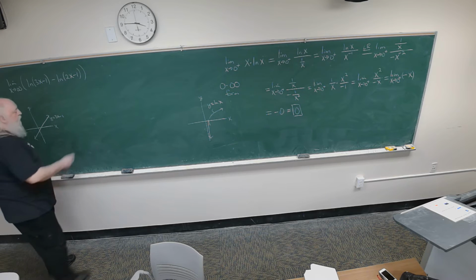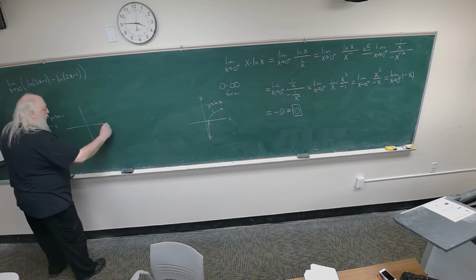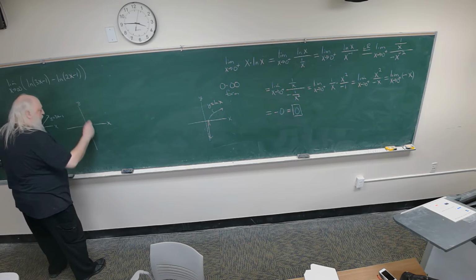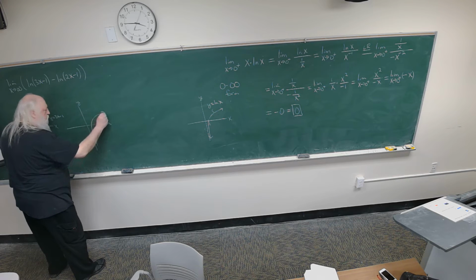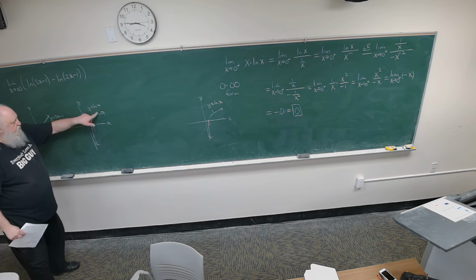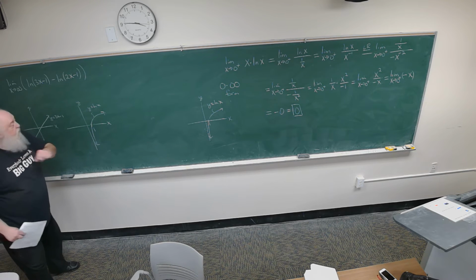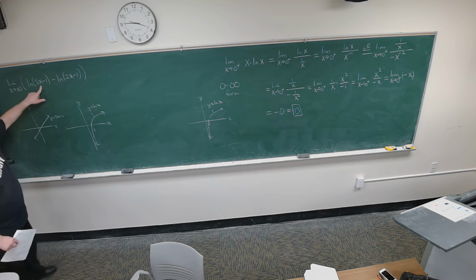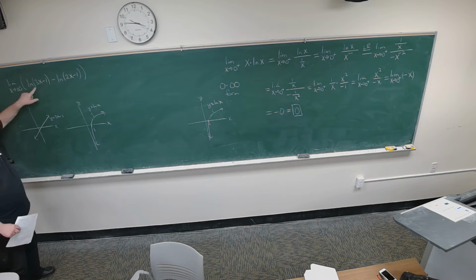And you know from the graph of the natural log function, which I had up and erased, as x increases without bound, the natural log of x increases without bound. So as 3x minus 1 increases without bound, the natural log of 3x minus 1 increases without bound. Are you with me?